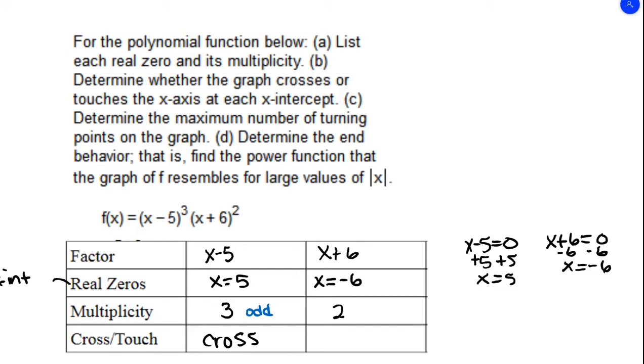And because this multiplicity is even, the graph will touch at x equals negative 6. So going back to my instructions, we've listed each real 0 and its multiplicity. We've determined whether it crosses or touches. We want to determine the maximum number of turning points, the end behavior, and find that power function.